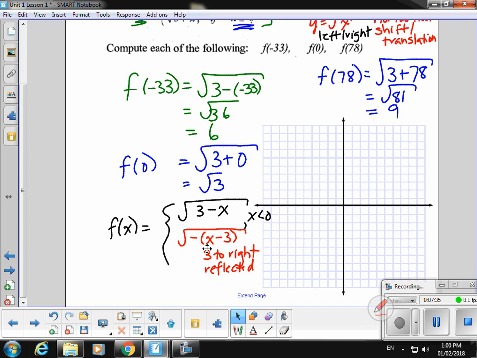So my parent function was the square root of x function, which looks like this. There is my parent function. Reflected and 3 to the right would look like this.